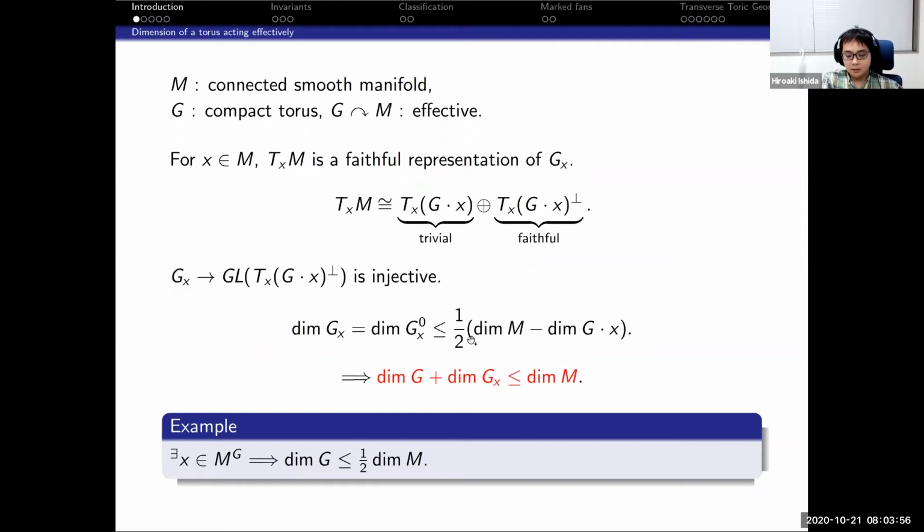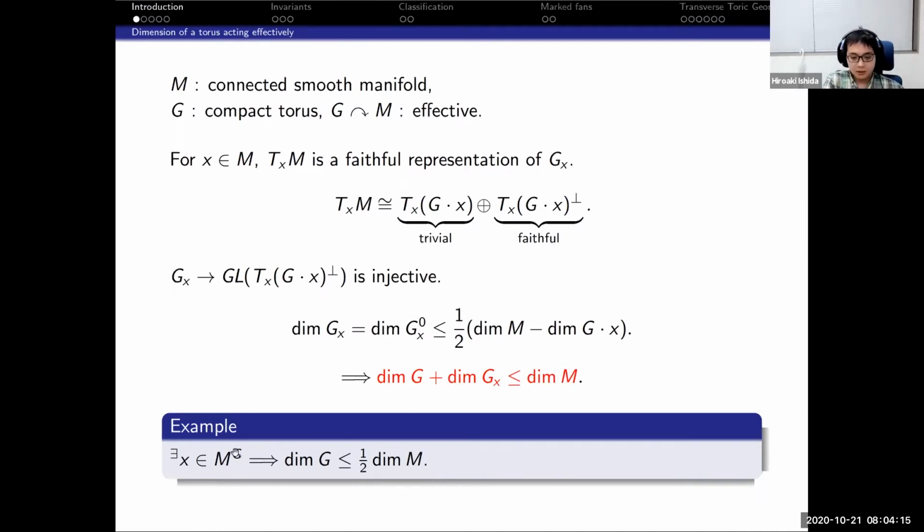This inequality can be simplified to the following: the dimension of the torus acting on the manifold plus the dimension of the isotropy subgroup is less than or equal to the dimension of the whole manifold.